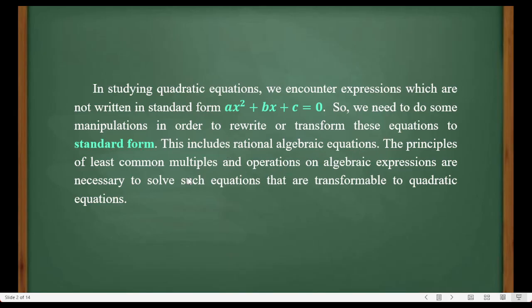The principles of least common multiples and operations on algebraic expressions are necessary to solve such equations that are transformable to quadratic equations. By the way, the so-called standard form is this one, ax squared plus bx plus c equals 0. So please take note of that.